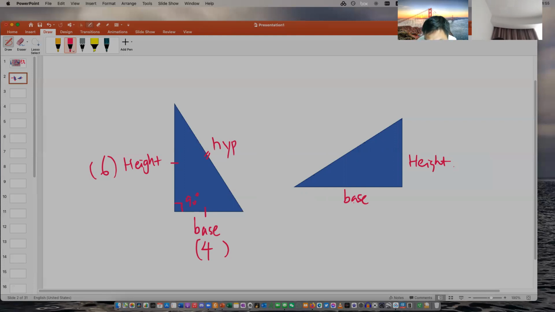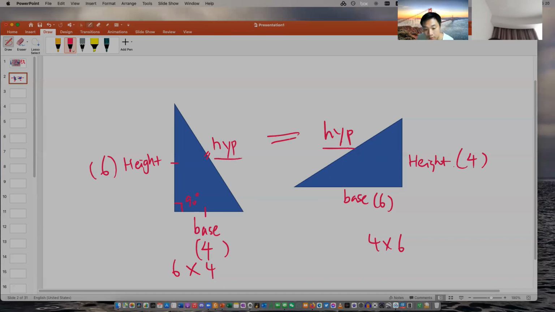So over here, the base is actually 6 and the height is 4. Over here the dimension is 6 by 4, and over here it is 4 by 6. So as long as the dimensions are the same, the hypotenuse is the same.